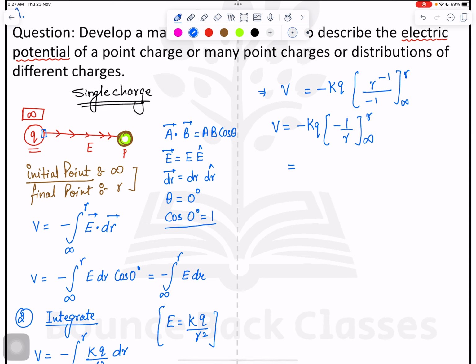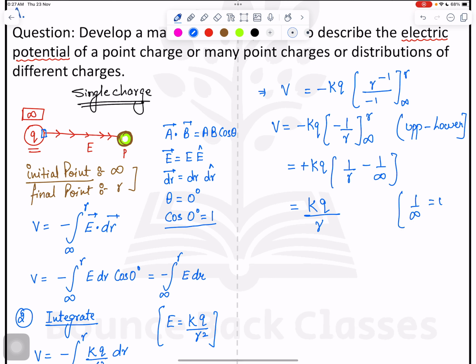Upper limit minus lower limit, negative kq. Upper limit, negative, negative, positive. So 1 over r minus 1 over infinity. Clear? Upper minus lower. So what we get? Q over r, because we know 1 over infinity is equal to 0. So this is our value of V.